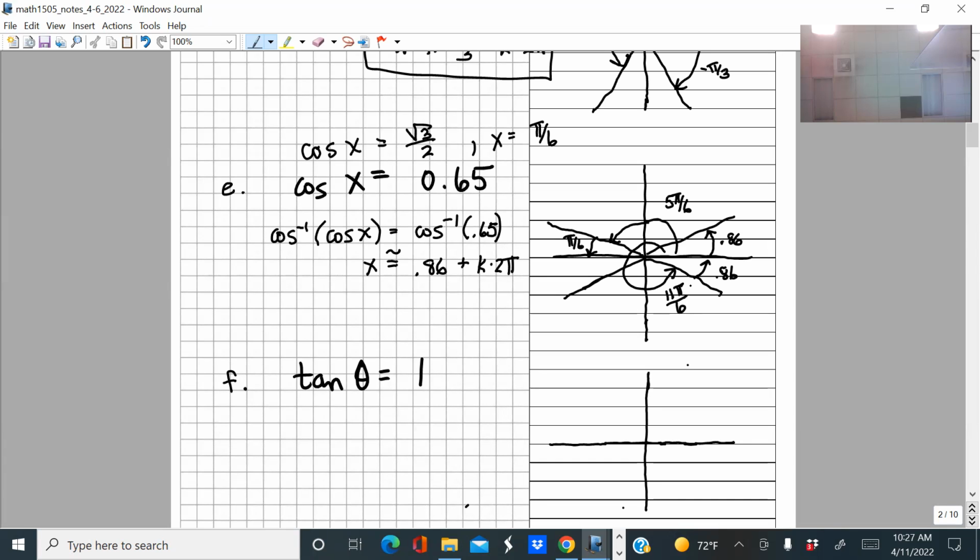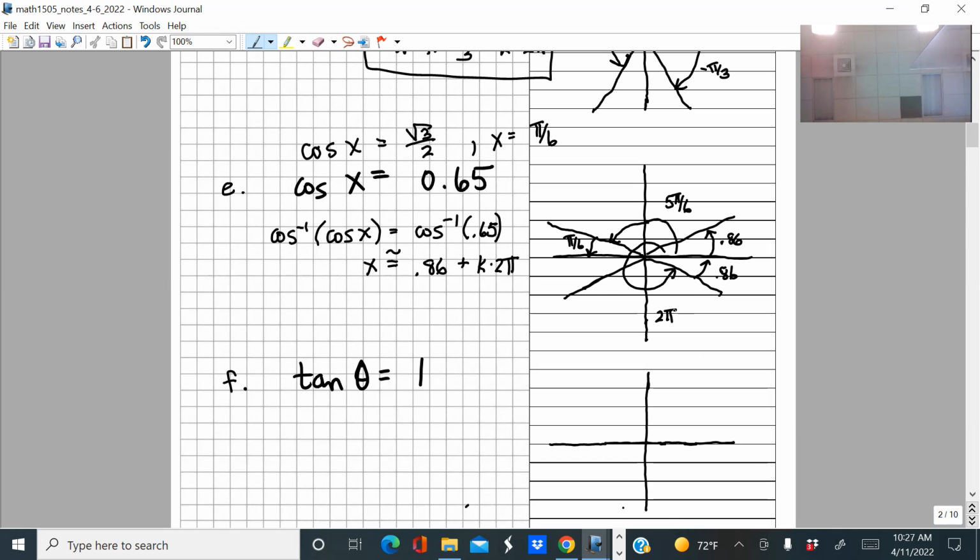Yeah, 2 pi minus 0.86, right? Because one full revolution would be 2 pi. So subtract off the 0.86 to get your angle. So it's not 11 pi over 6 anymore. It's close to that, though.